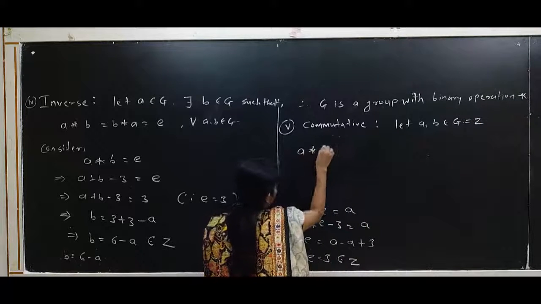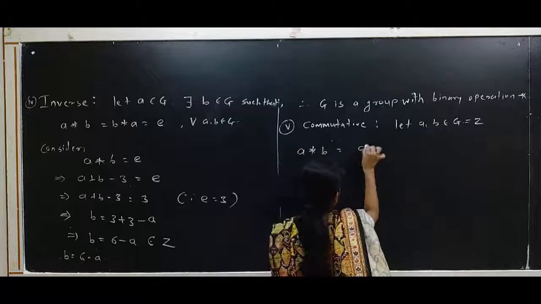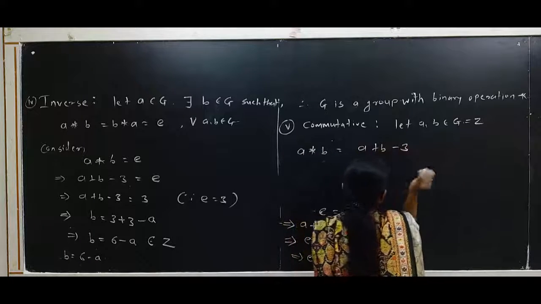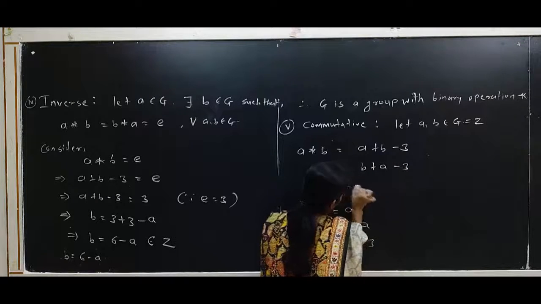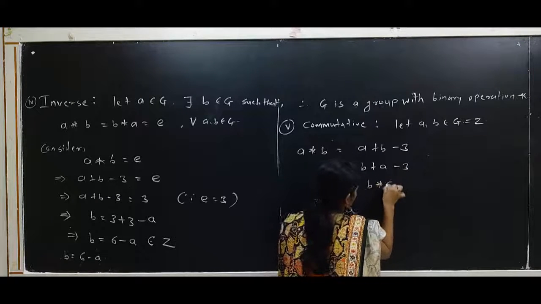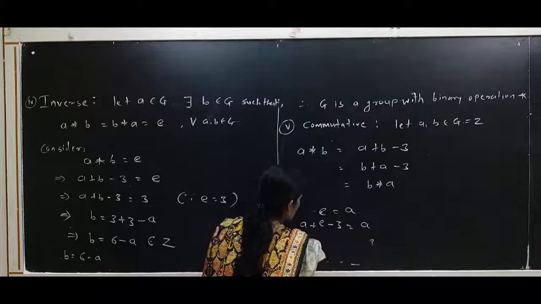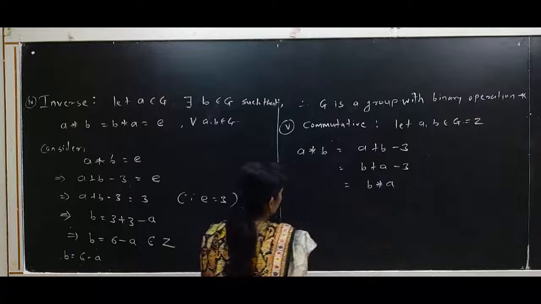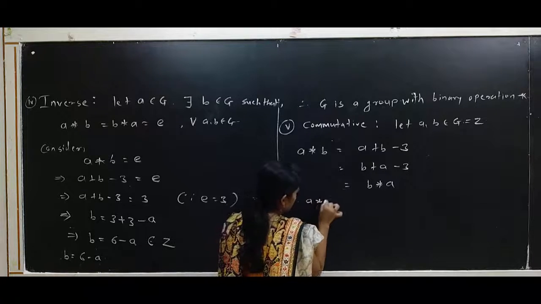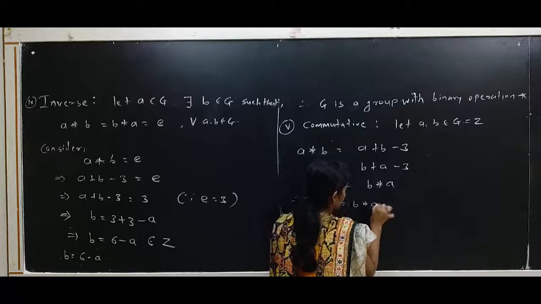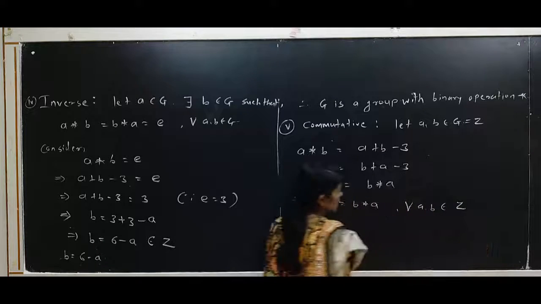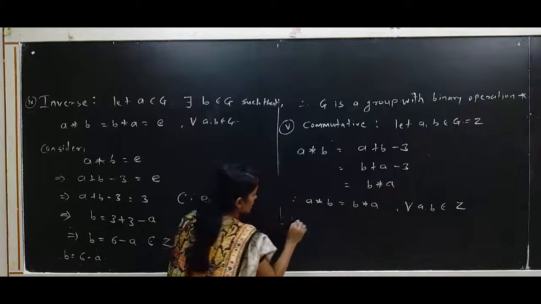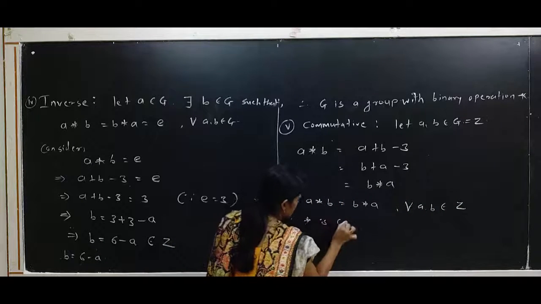So here A star B is equal to A plus B minus 3. We interchange this: B plus A minus 3, which is nothing but B star A. So here we get A star B is equal to B star A for all A, B belonging to set G, that is the set of integers. Therefore star is commutative.